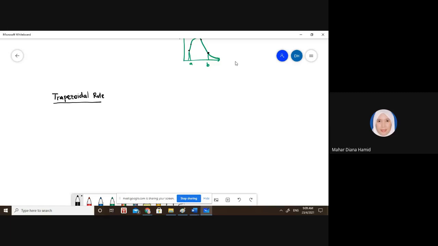So trapezoidal rule, if you refer back to the slides, the formula would be this.